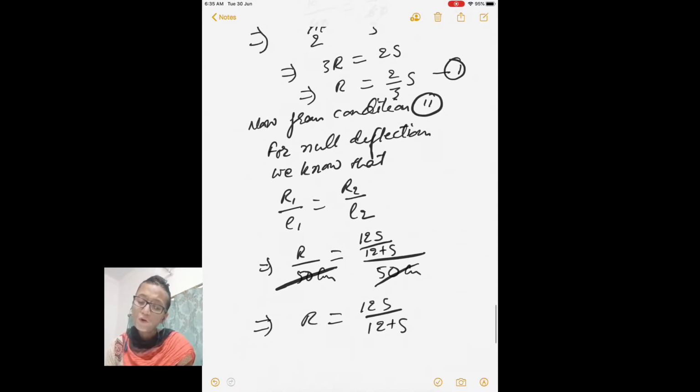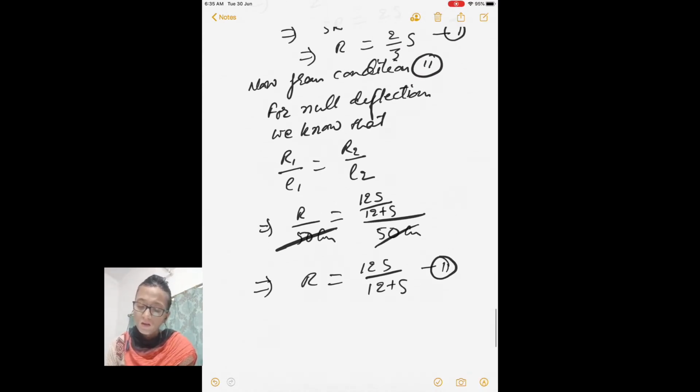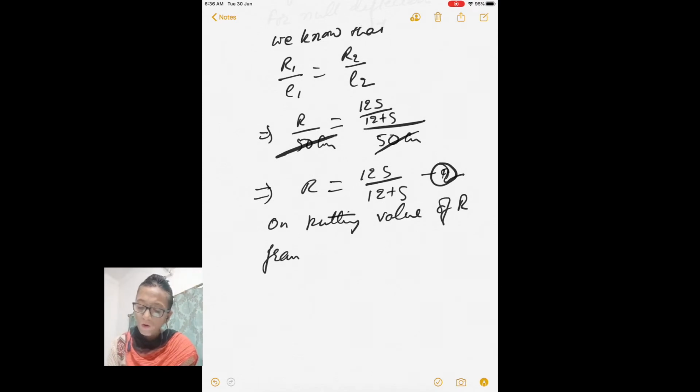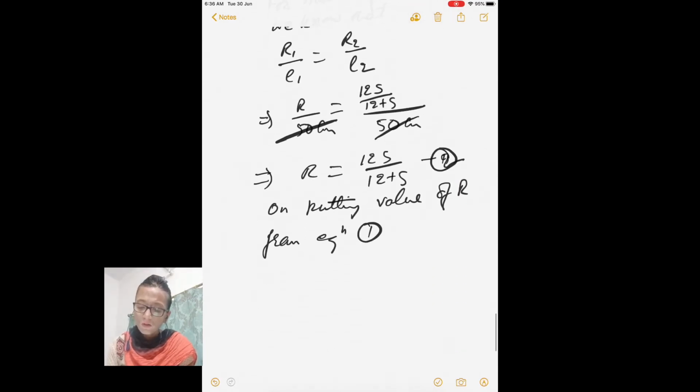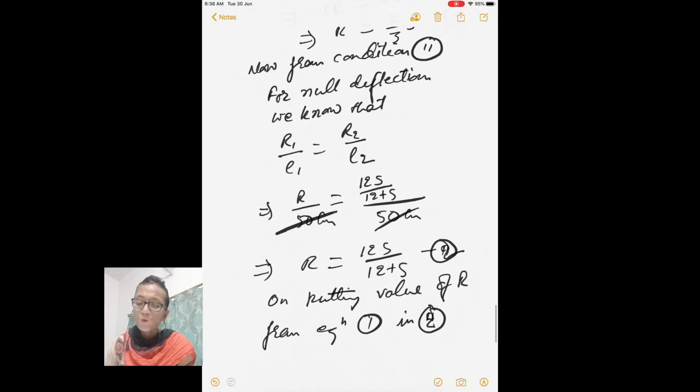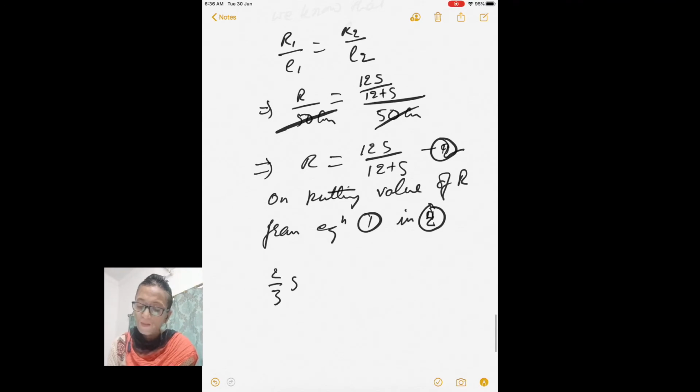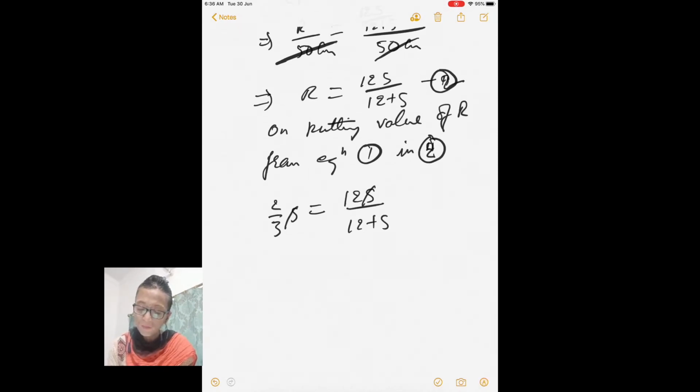Now when we put the value of R from equation 1 in this equation 2, we find that 2 upon 3S is equal to 12S upon 12 plus S. So cancel these S from the two sides and let us simplify.